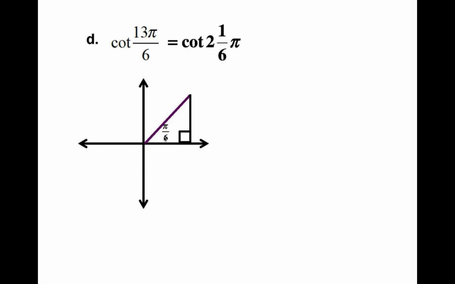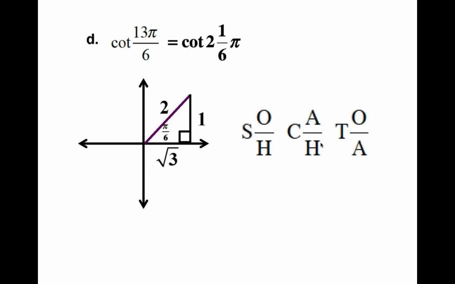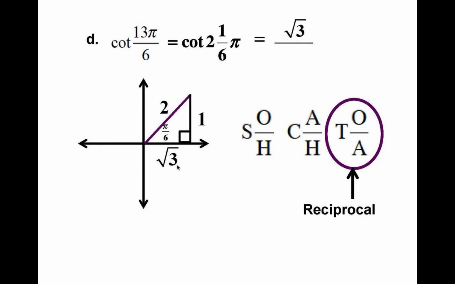So opposite the 30 is the small side, 1. Opposite the hidden 60 is root 3, and then the hypotenuse is 2. Right is positive, up is positive. You're looking for the cotangent ratio. The cotangent is reciprocal to tangent, so it's A over O. So from the angle, adjacent is root 3, opposite is 1. Root 3 divided by 1 is root 3.